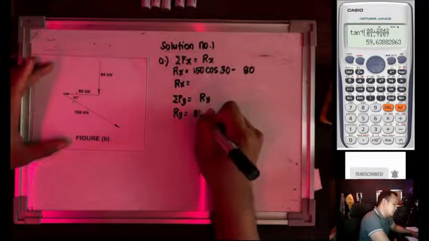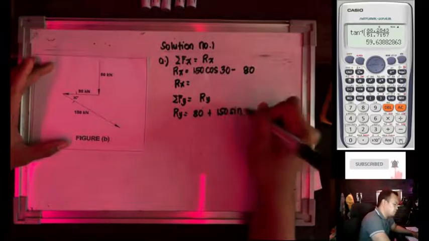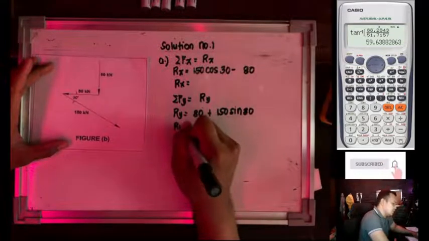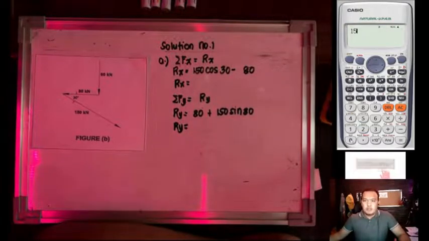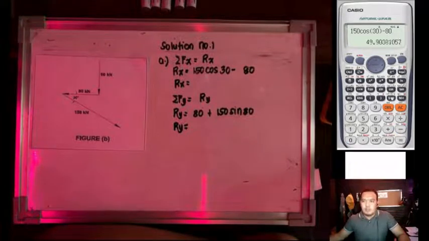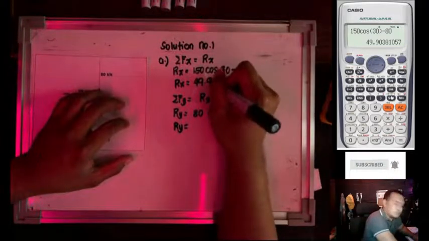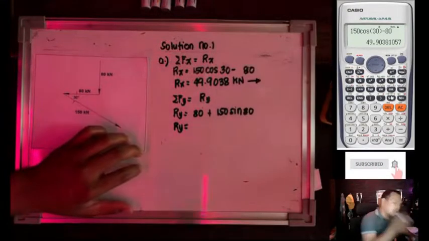So, 80 plus 150 sine 30. Rx is 150 cosine 30 minus 80, so we have here 49.9038 kilonewton going to the right.